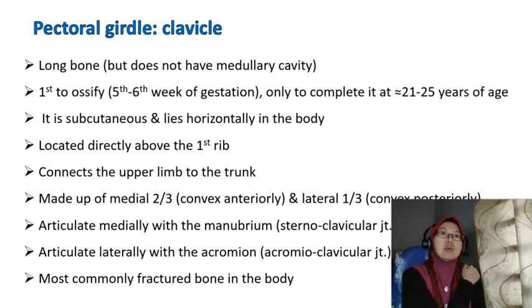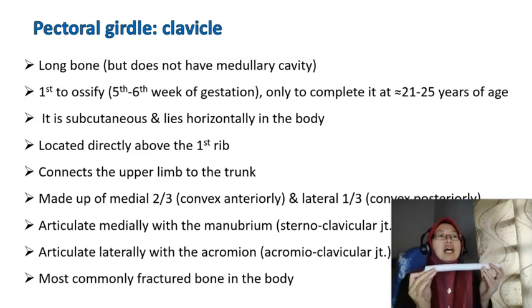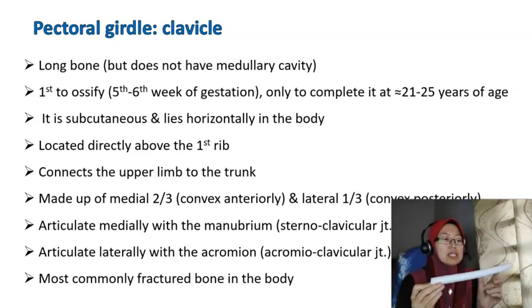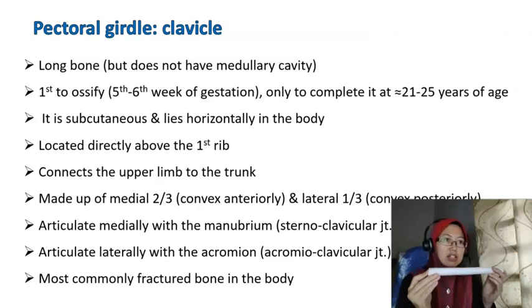Okay, so the first bone that we are going to talk about is clavicle. Even though it is just a small bone, clavicle is classified as long bone in our body.